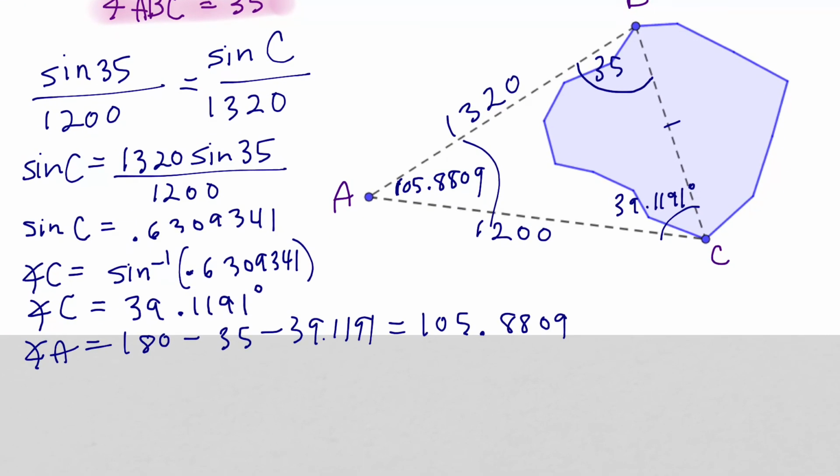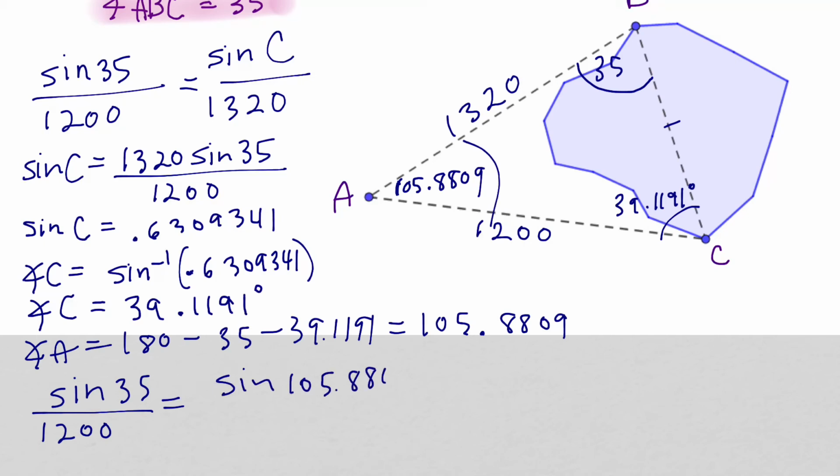So we can say the sine of 35, we're going to reuse the same ratio, over 1,200 is equal to the sine of 105.8809 divided by its opposite side, which is our side BC that we're looking for.